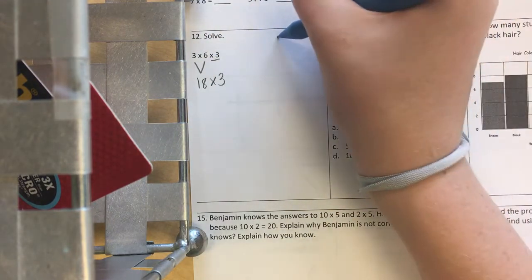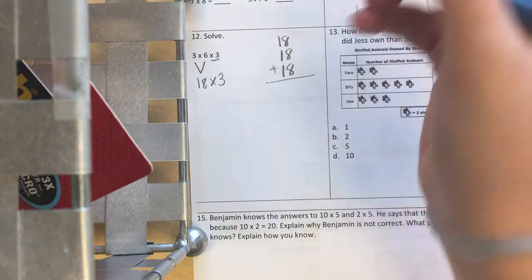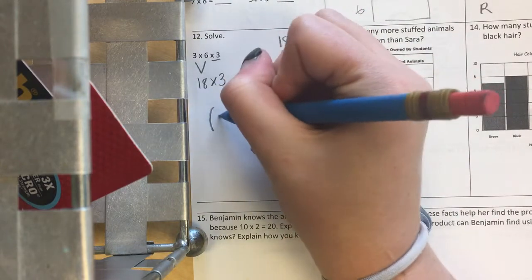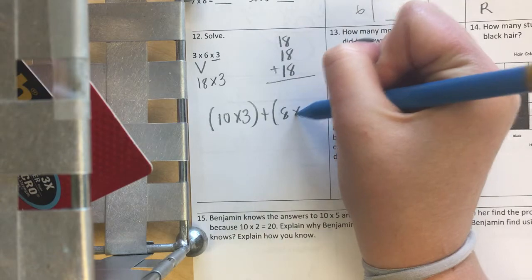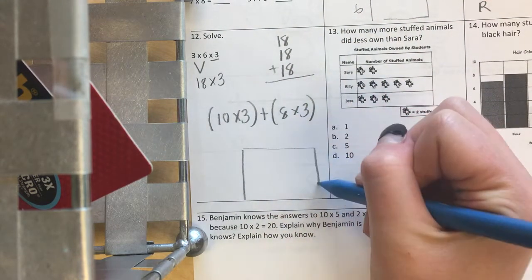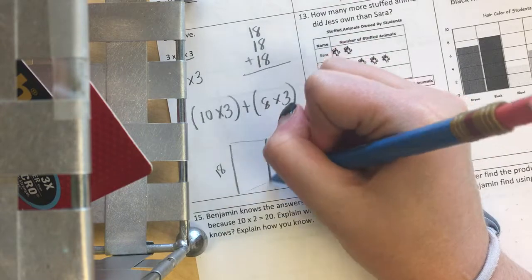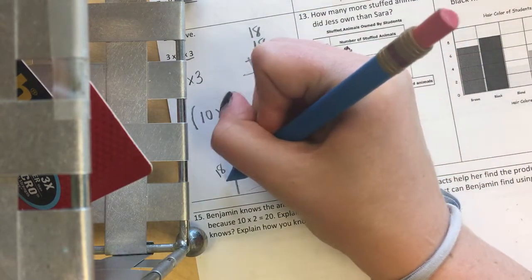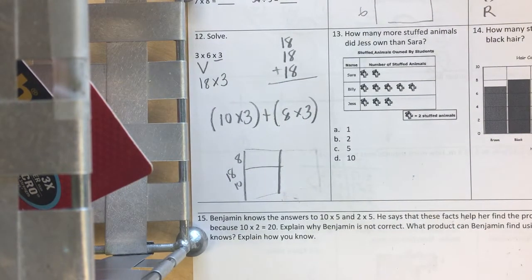You can either use repeated addition to figure out your total answer, or you can also split up your 18 just like we would if we drew a picture of this. So if we have 18 rows and 3 columns, we can break this down into 10 rows and 8, just to help ourselves out a little bit more and make that bigger multiplication problem easier.